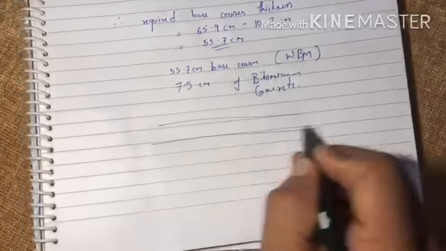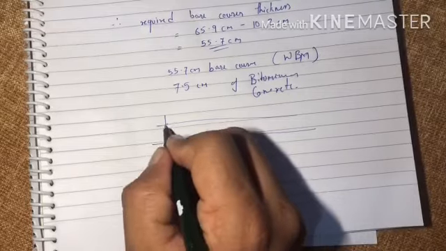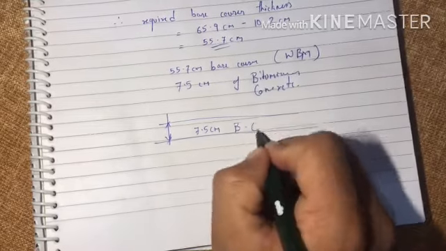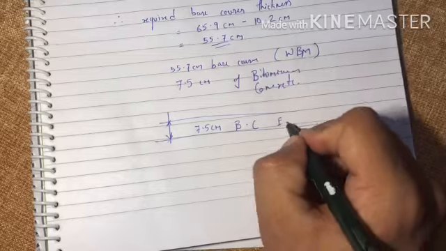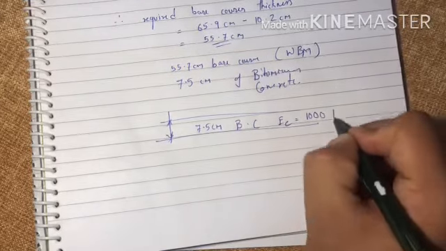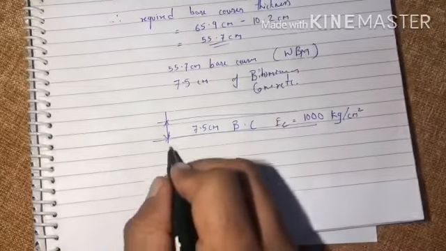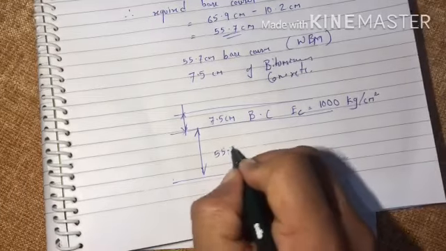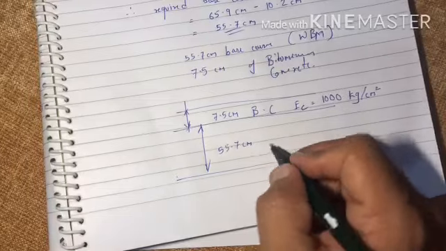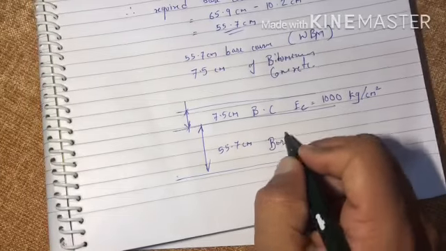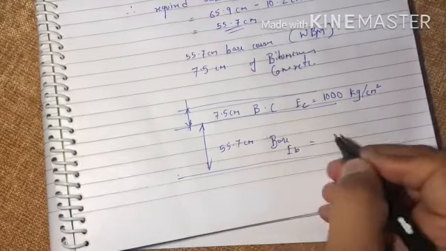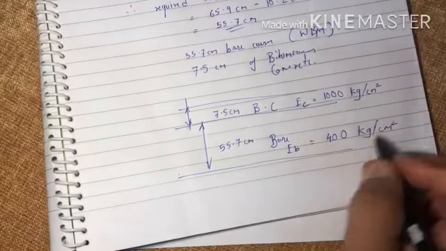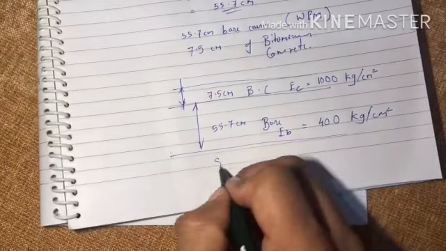So just a simple line diagram showing the first layer as the bituminous concrete of 7.5 centimeter, with modulus of elasticity as 1000 kg per centimeter square, and then a base course of 55.7 centimeter with modulus of elasticity of 400 kg per centimeter square.